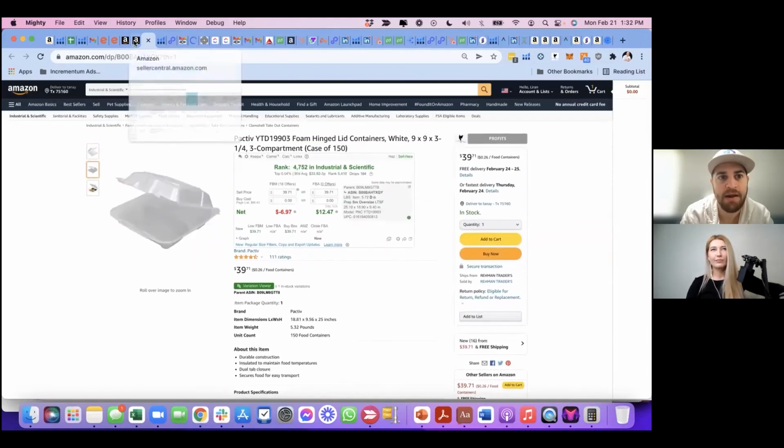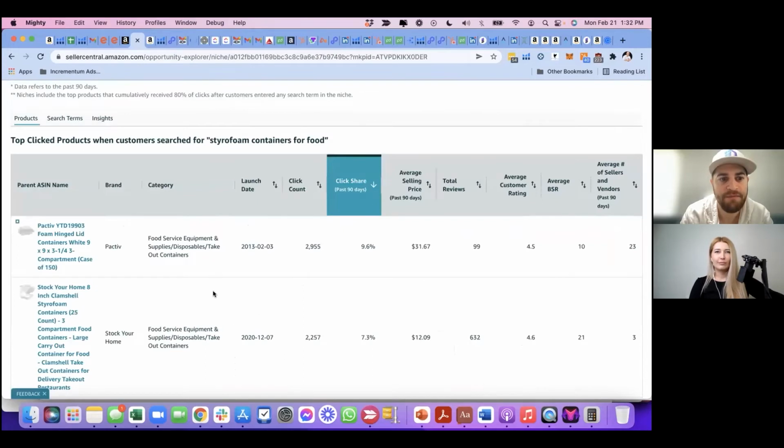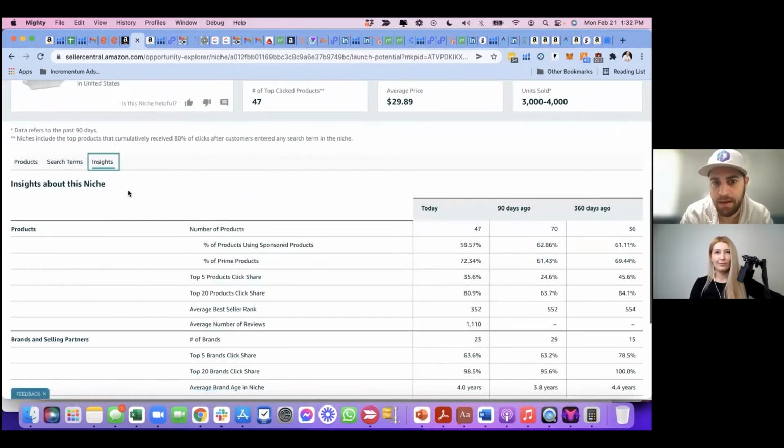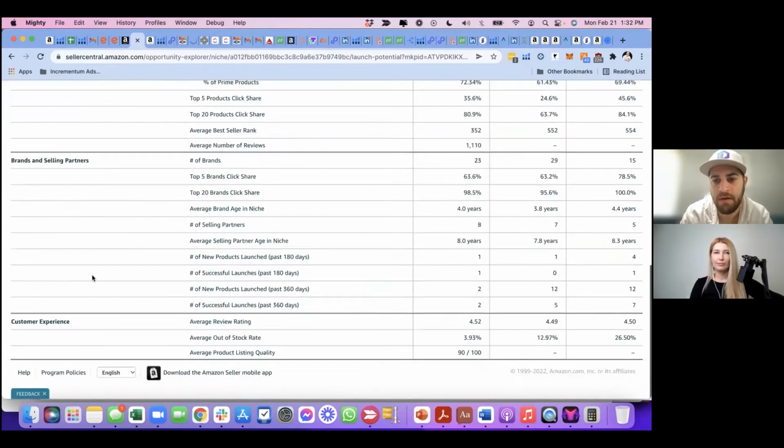So the Product Opportunity Explorer is kind of an amazing treasure trove of data. And in this niche, as we go into it, we see 59% of the products are using sponsored products. Again, that's an indication that the sellers here are not as aggressive on Amazon. The listing quality Amazon gives is 90 out of 100.